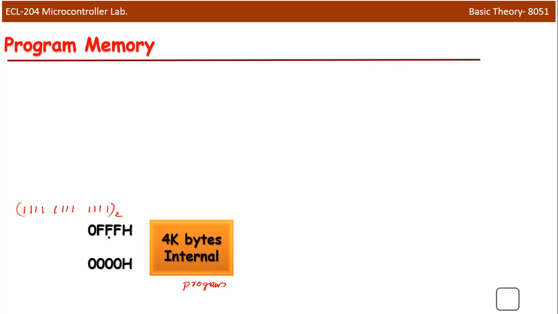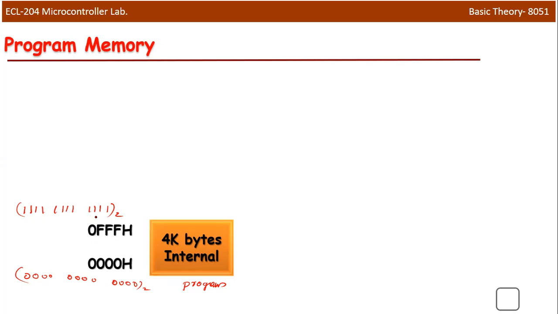So FFFH. The first memory location address is represented by 12 bits, 0000 0000 0000. So the room number of the first location is identified using this binary sequence. It's a 12-bit sequence, and the last internal ROM memory location is identified by the 12-bit sequence 1111 1111 1111.